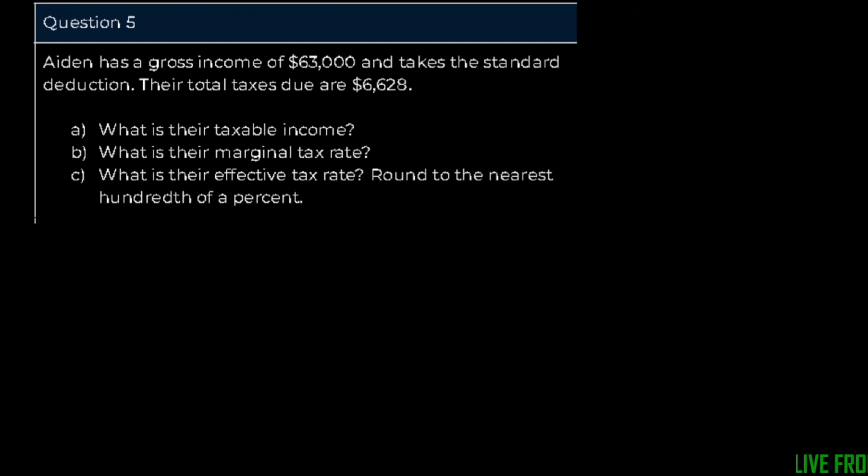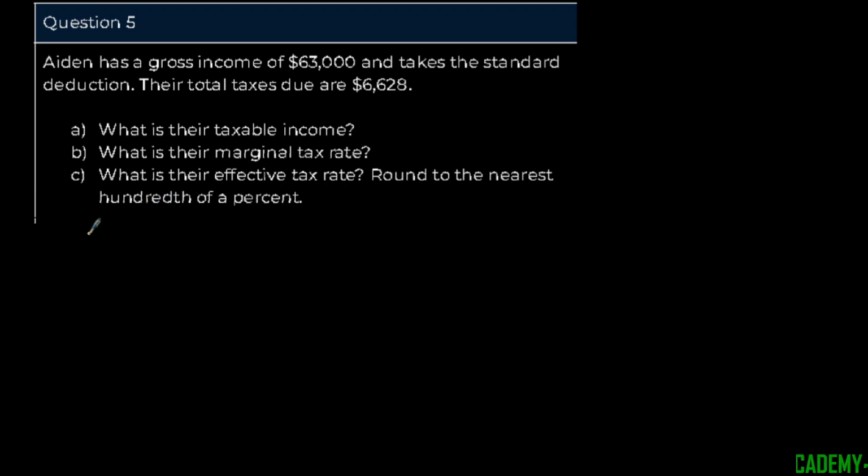All right, so for number 5 now, it says Aiden has a gross income of 63,000 and takes a standard deduction. Their total taxes that are due are going to be 6,628. So it says for part A, what is their taxable income, what is their marginal tax rate, and what is their effective tax rate. So let's make sure you can set it up.